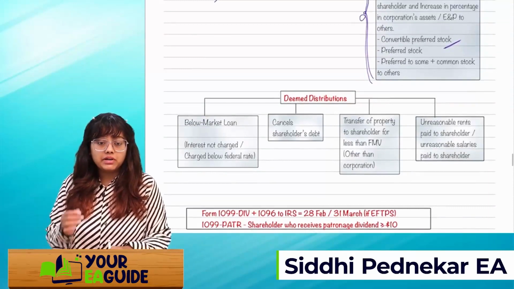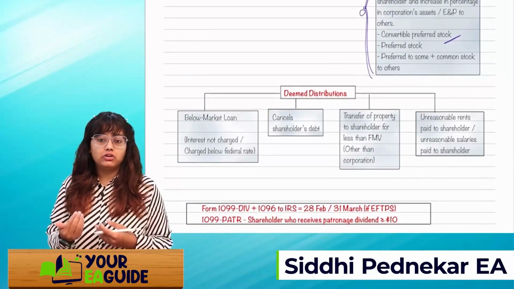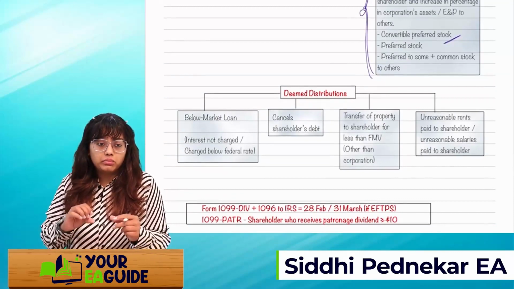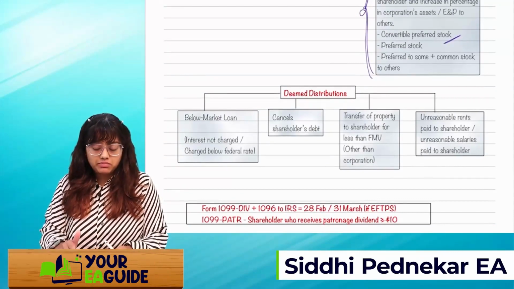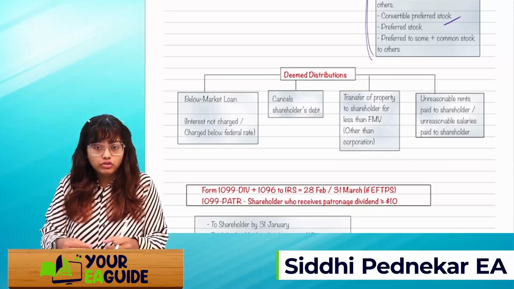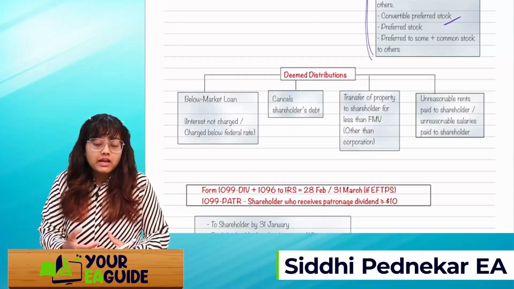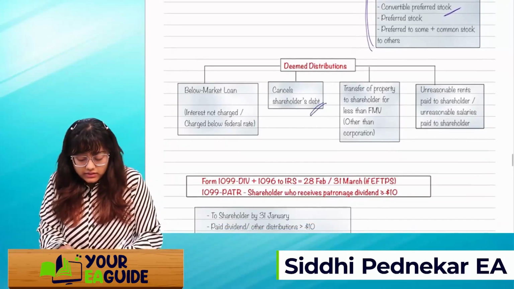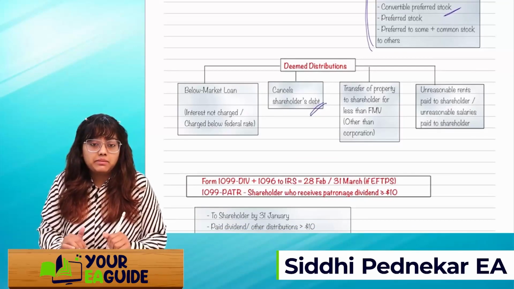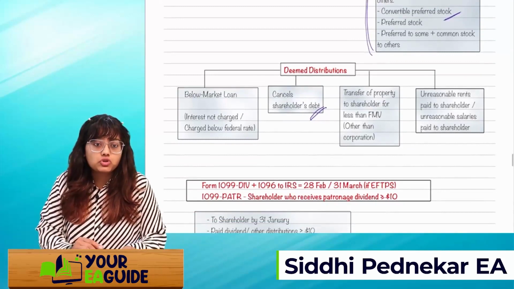Next is deemed distribution. If the corporation is providing a below-market loan, below-market interest, or has not charged interest to the taxpayer, then that kind of loan will be called a deemed distribution. If the shareholder already has some debt and that debt has been cancelled by the corporation, then that cancelled debt is called a deemed distribution.